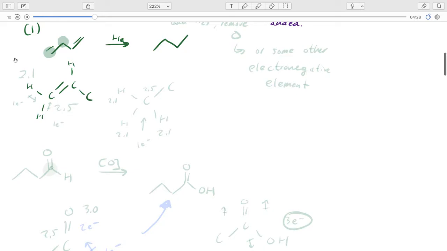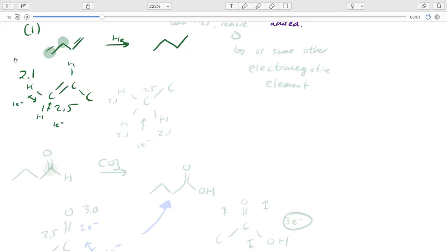So here we've got carbon, carbon. If it's the same electronegativity, it doesn't make a difference. Hydrogen has an electronegativity of about 2.1 and carbon 2.5. So it goes in the direction of the most electronegative atom. With respect to this hydrogen, it's donating one of its electrons. This hydrogen is also donating one of its electrons.